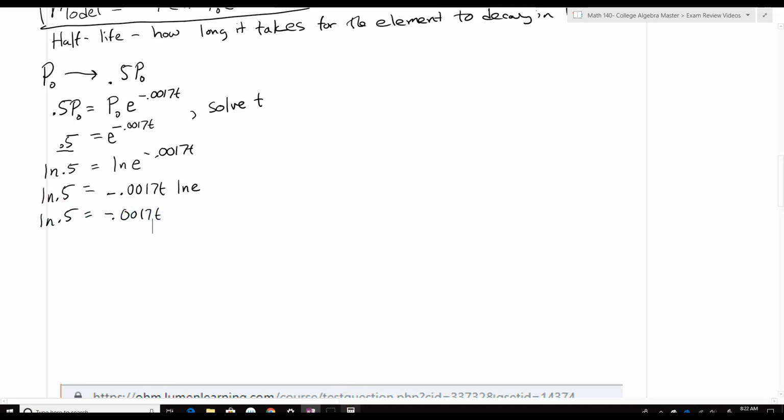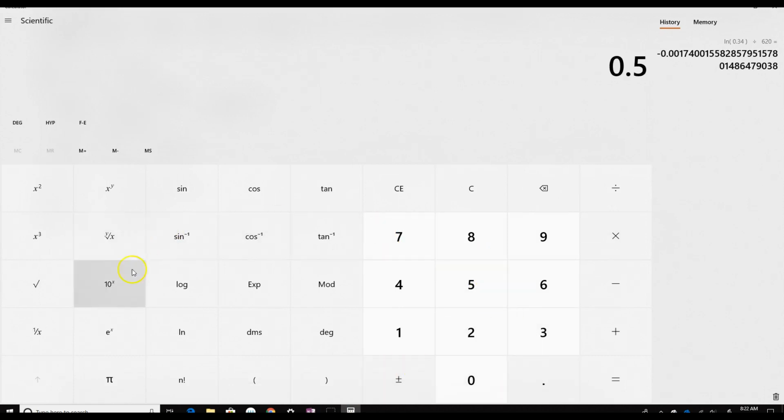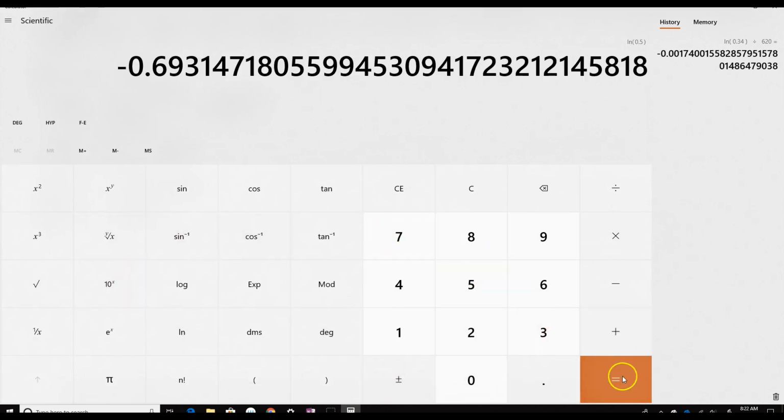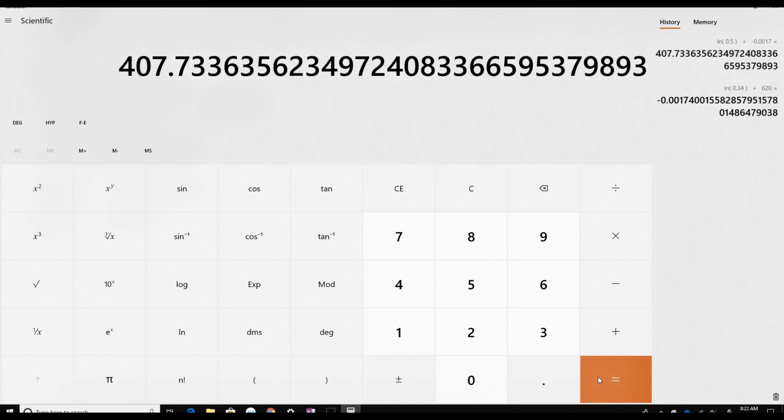So now we'll utilize our calculator. 0.5, I'll take the natural log, and then I'm going to divide that by negative 0.0017, and that gives me 407 days.